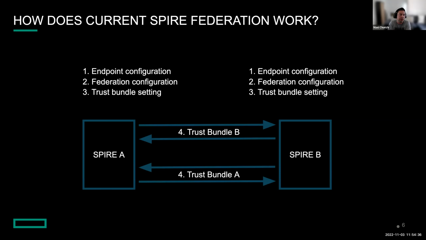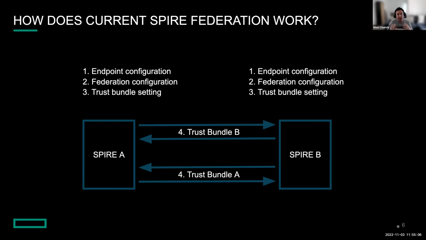This is, in a nutshell, how it works. The first two bullets are the ones we saw before. And the third one is how you bootstrap the trust for that first bundle exchange. Depending on what profile you want to use, there are a few ways, two ways actually, to establish the connection. You might need to set the bundle of the SPIRE server on the other side.